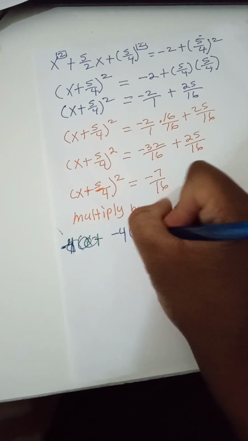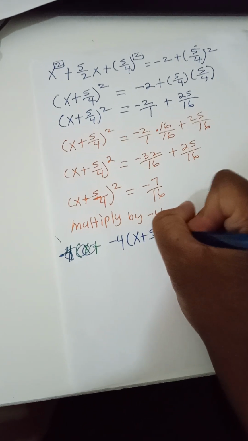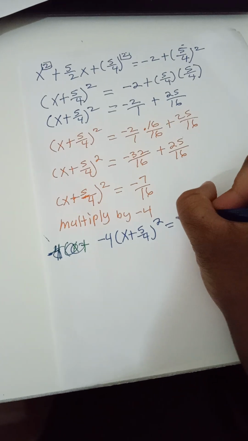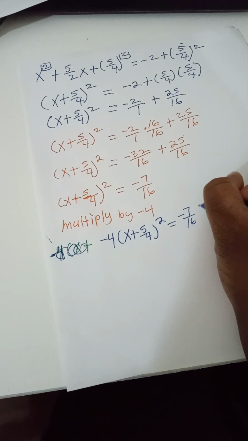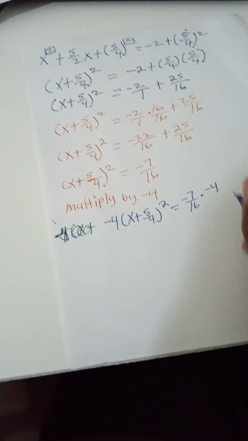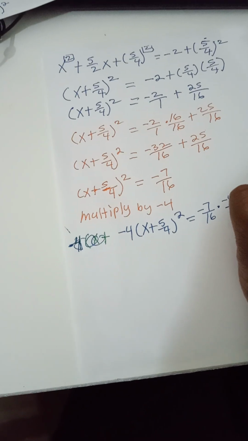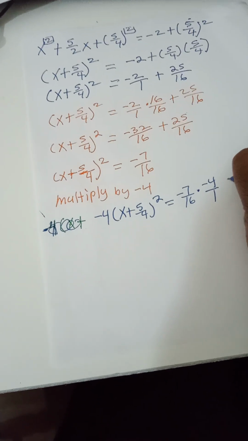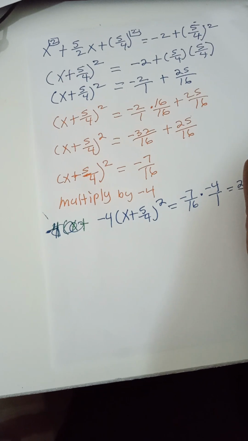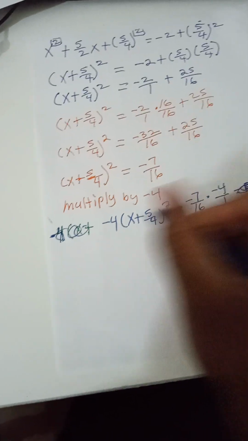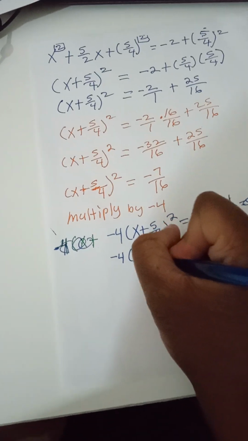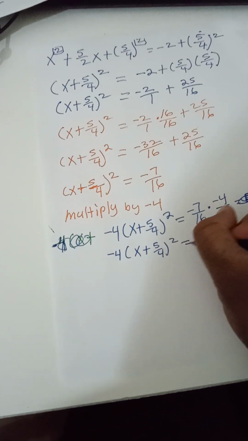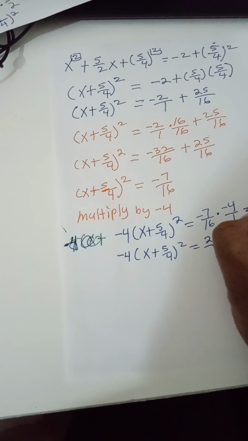So with the -4 up front, multiplied by x plus 5/4 squared is equal to -7/16 times -4. We'll put this over 1, and this will equal 28/16. We'll do that in the next step there. So -4 times x plus 5/4 squared is equal to 28/16.